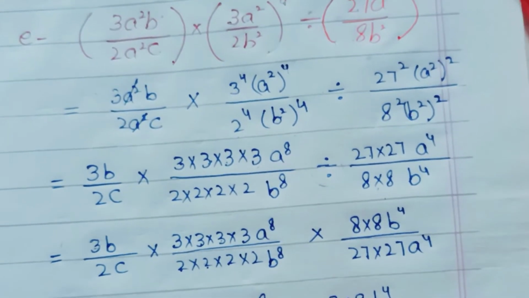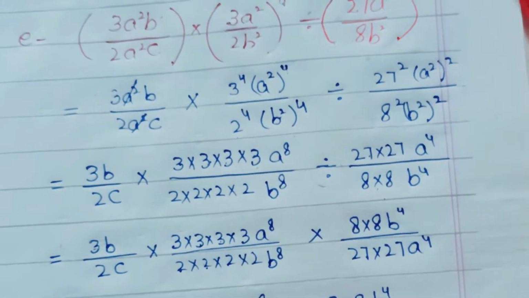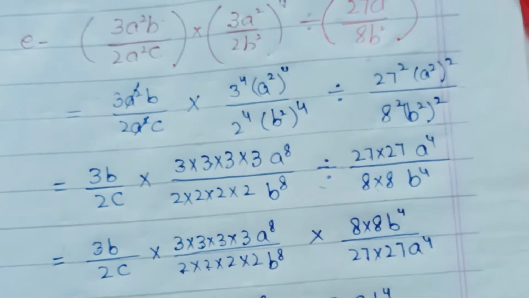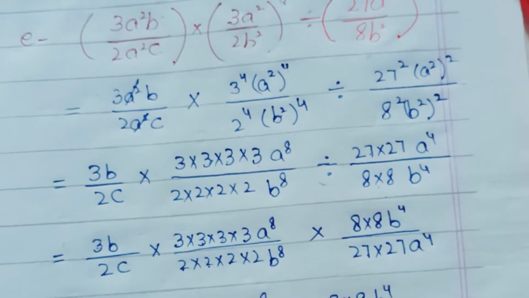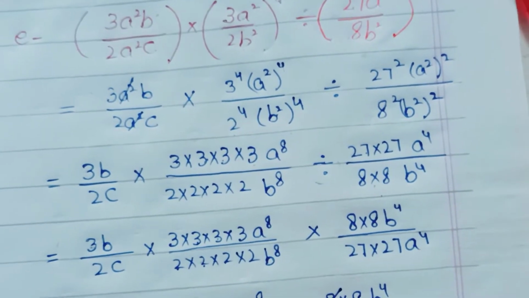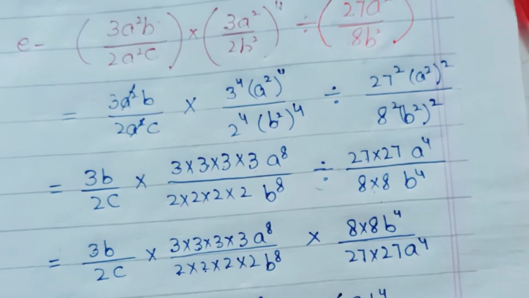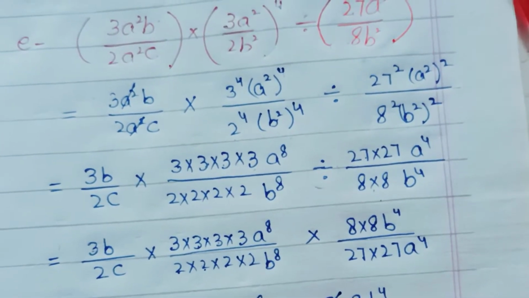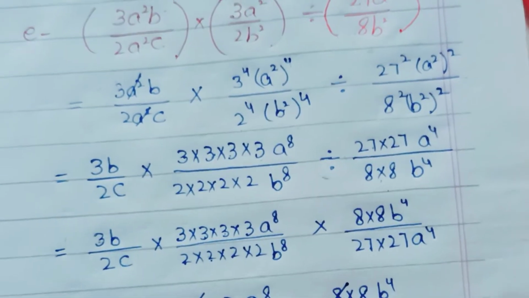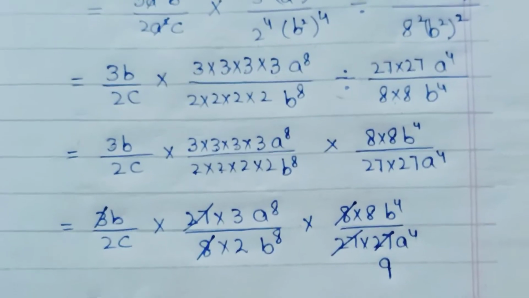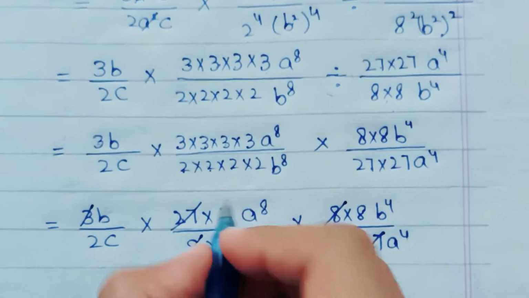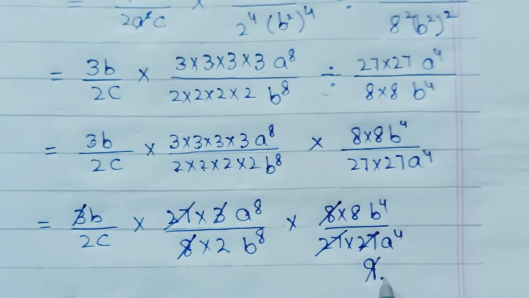Firstly I will write it. 27 is cancelled with 27, 8 is cancelled with 8. Now 3 9s are 27, and after this there is also another 3 3s are 9.